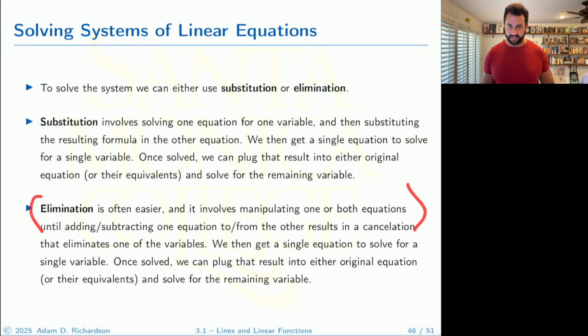Elimination basically means massage one or both of the equations and then add them together or subtract one from the other. But your manipulation should make it so that when you add them together, one of the variable terms is canceled and disappears. Because when you do that, you'll be left with a single equation to solve for a single variable, and you can use elementary techniques. Once you solve that, plug that result into either original equation and solve for the remaining variable.